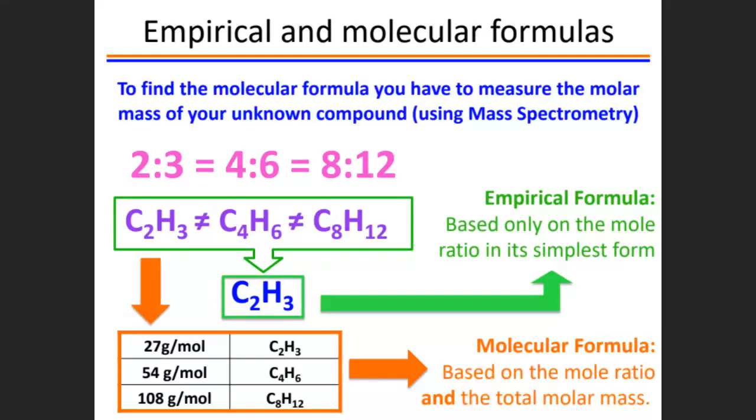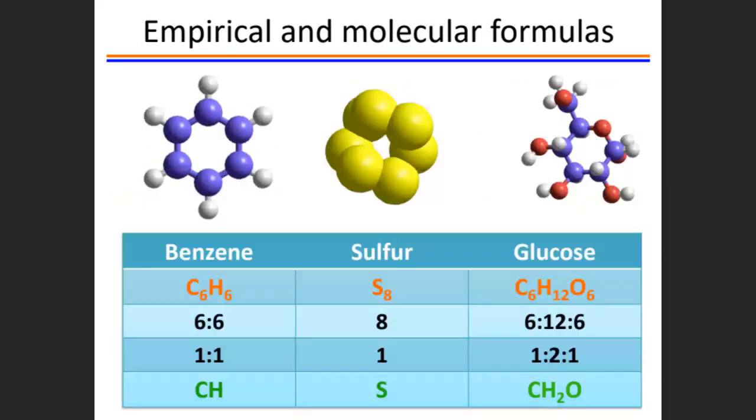So now, empirical formula and molecular formula. The empirical formula is based only on the mole ratio, while the molecular formula is based on the mole ratio and total molar mass. Empirical and molecular formula: benzene, sulfur, this is glucose.